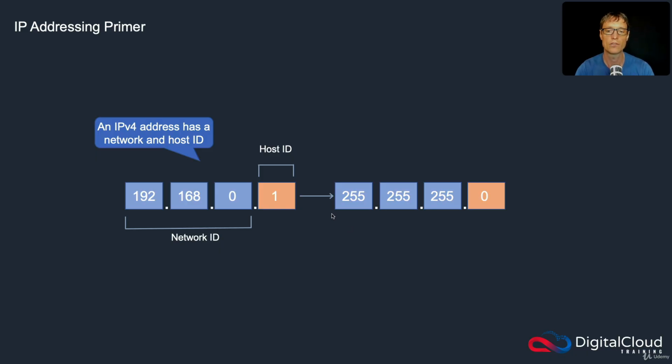So we have something called a subnet mask. The subnet mask tells us which portion of the IP address is assigned to the network and which portion is assigned to the host itself. So the subnet mask defines the network and host IDs. An IP address is made up of 32 bits. Now what does that mean?